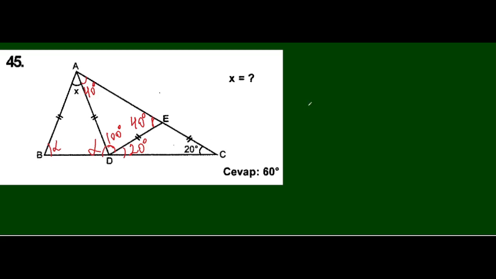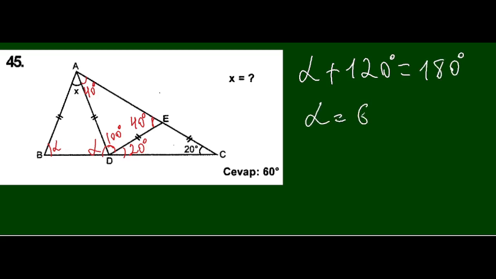So we can add up here 120. Here it is 120. So alpha plus 120 has to be 180 degrees. Here alpha will equal 60 degrees. And we know that x plus alpha has to be equal to 120 degrees.